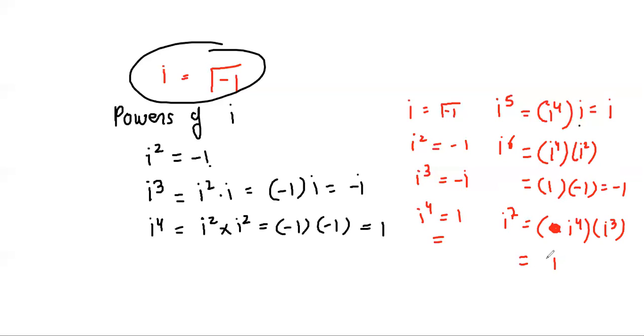So i raised to 4 is 1 and i cube is -i. So 1 into -i is -i. Got it? Now I will find out i raised to 8. i raised to 8 is i raised to 4 into i raised to 4. So i raised to 4 is 1 and the other one is also 1. 1 into 1 is 1. So I have taken out the powers till i raised to 8.